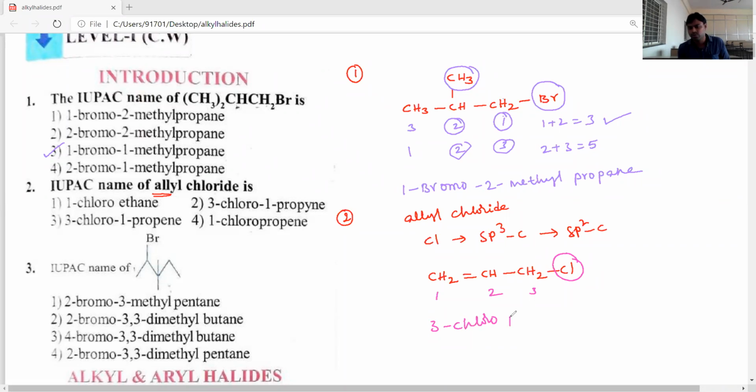The root word is prop, 1-ene. So the name is 3-chloro-1-propene, or prop-1-ene or propene. Sometimes there is no need to mention the 1 also, because the first position need not be mentioned. So the answer is the third option: 3-chloro propene or 3-chloro-1-propene. Okay, let's go for the next.